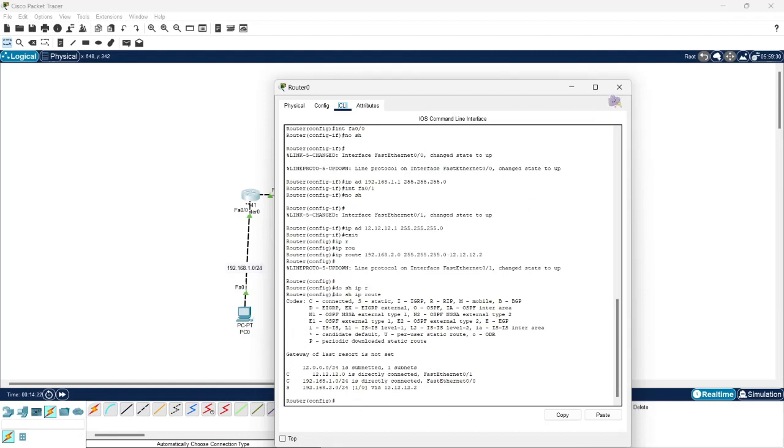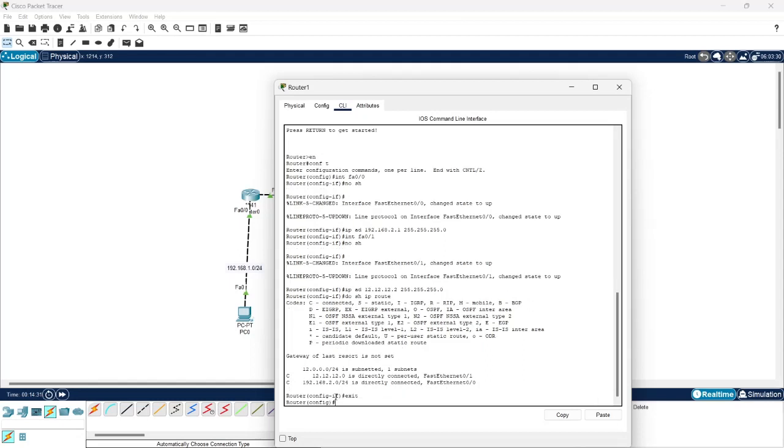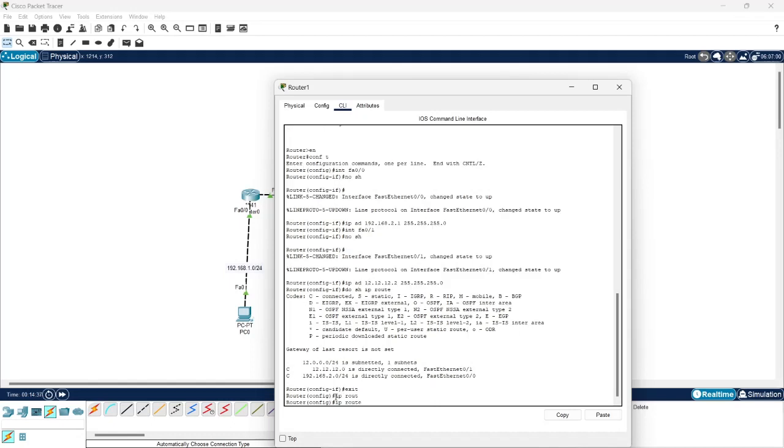Now we're gonna do it in router 1. First you exit, and then we can type ip route 192.168.1.0 with the prefix 24, then with the gateway 12.1.